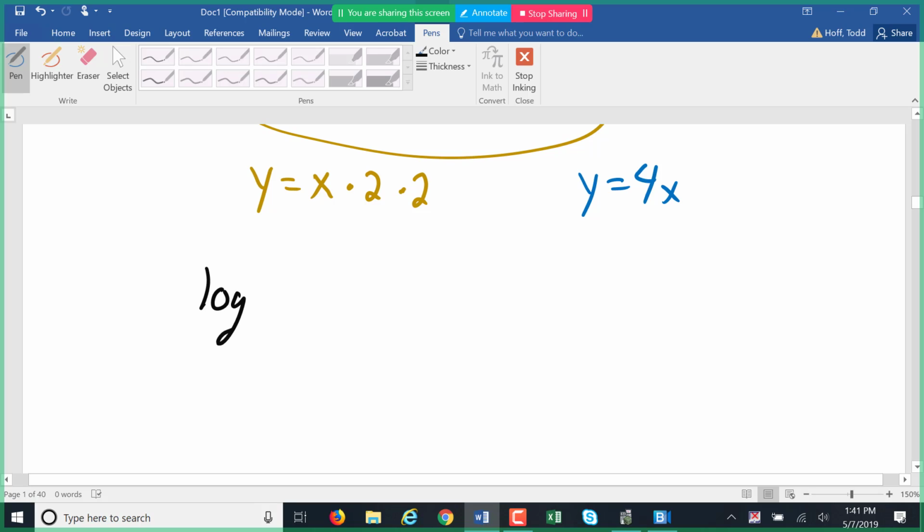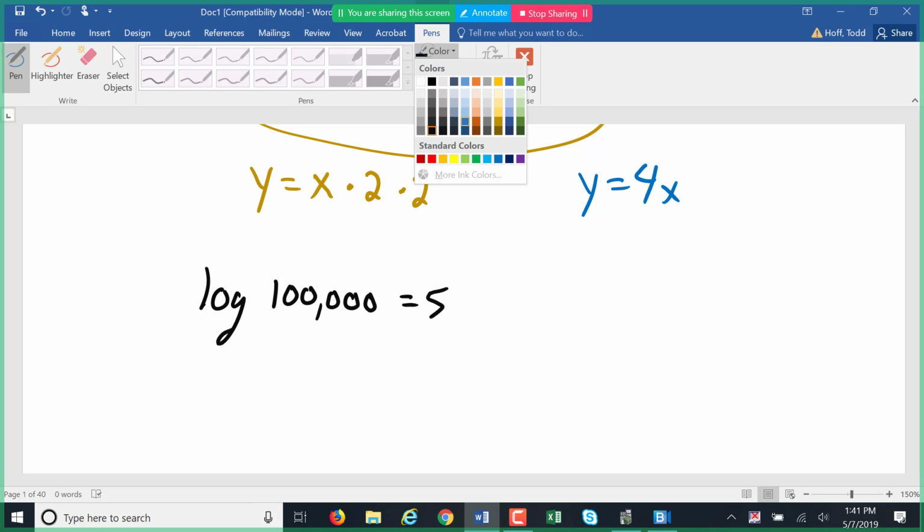If I know that log base 10 of 100,000 equals what? 5. Very good.